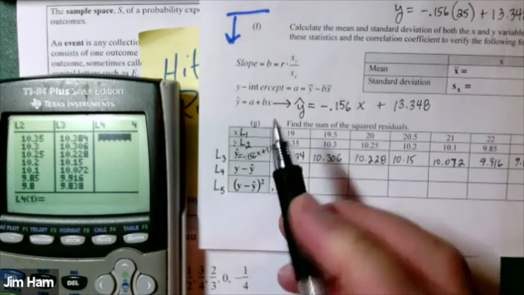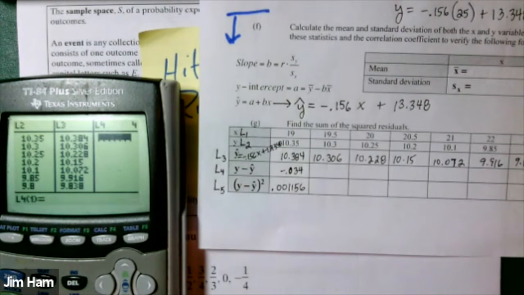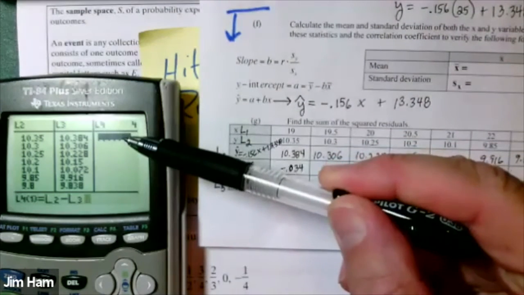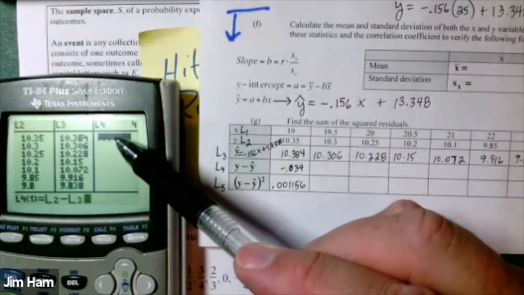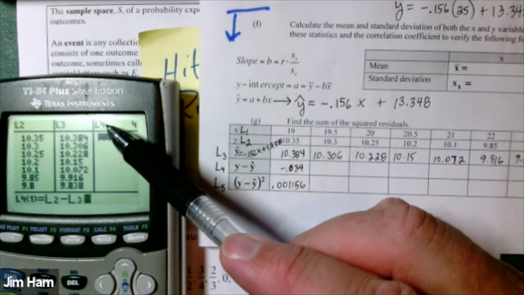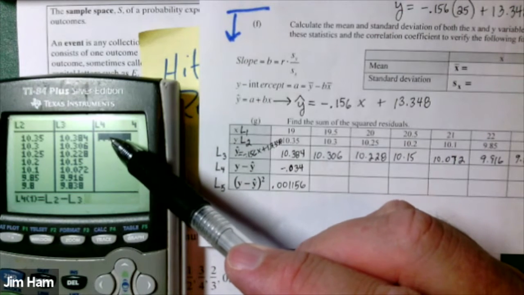So we want, I'm going to do this and I'm going to make an error. So we want L2, that's second and the number 2, minus second and the number 3. Now, I'm doing this incorrectly, and it's going to give me an error. The reason is because I'm here in this spot right here, not selecting the list name, but this entry here.